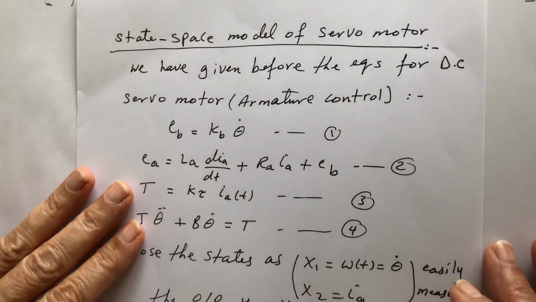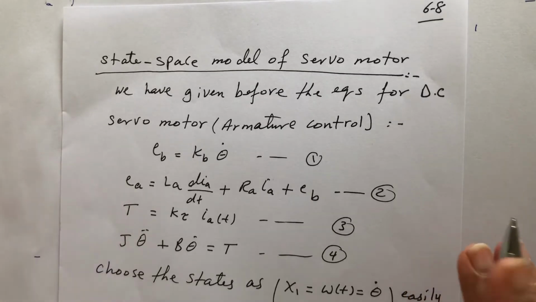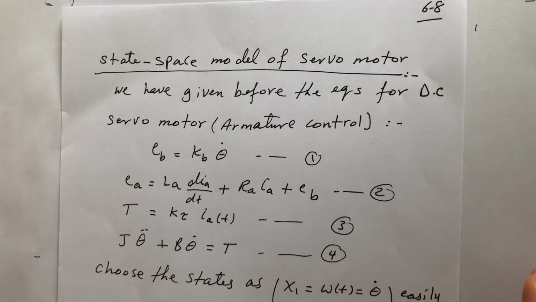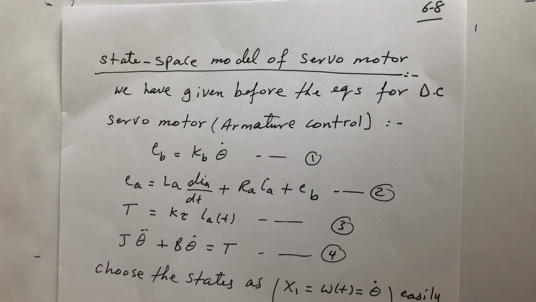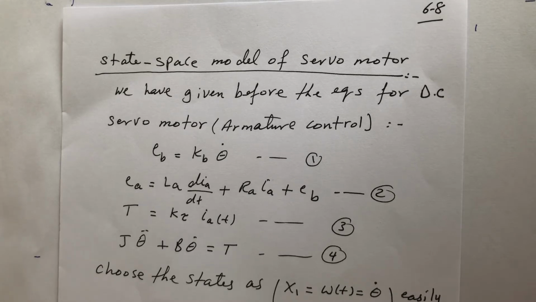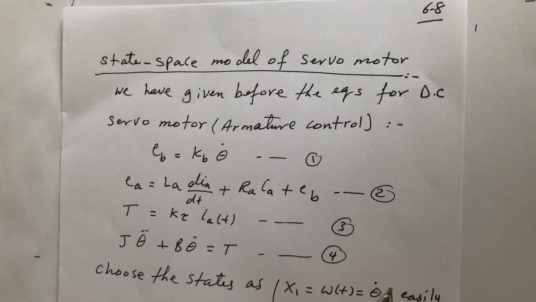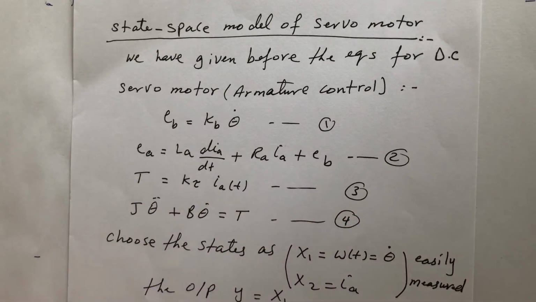Because we are on the motor and we talked about the state variables, it's a chance for us to find the state variable model of a servo motor. If you have the transfer function, you can find the state variables from it, you remember.